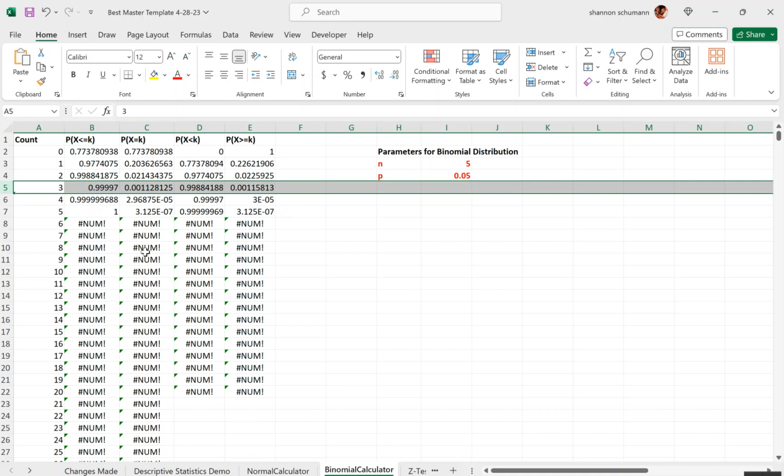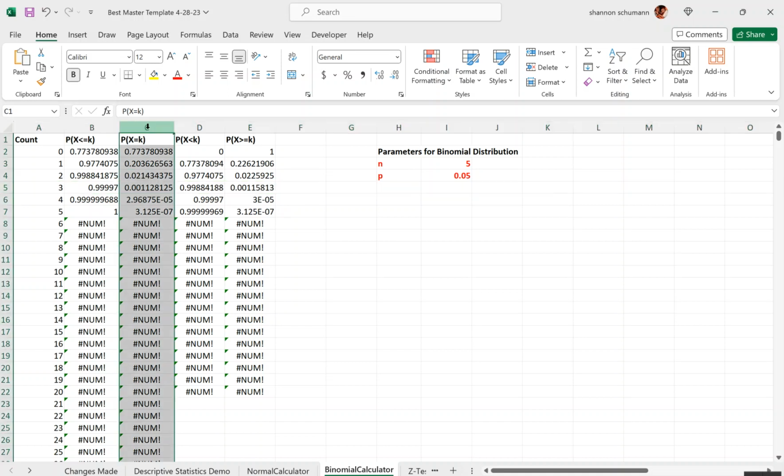And this column right here is the probability that X is exactly equal to K. So we want the probability that he gets exactly 3. And then here is the 3. So I cross those two, and that's my probability. Cool?